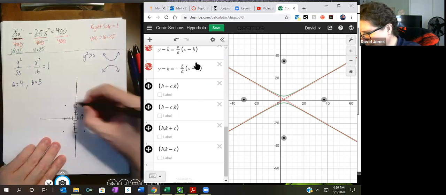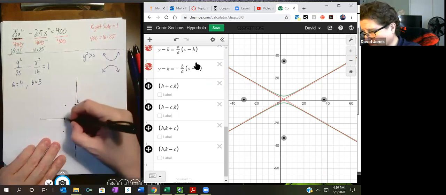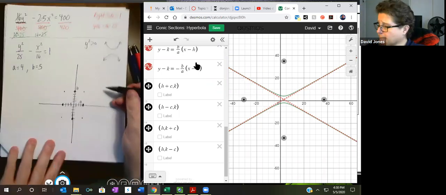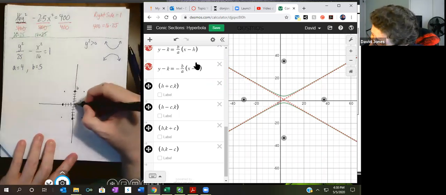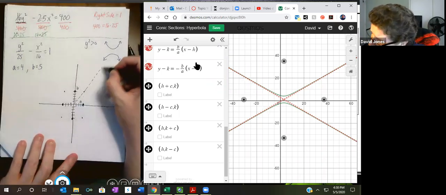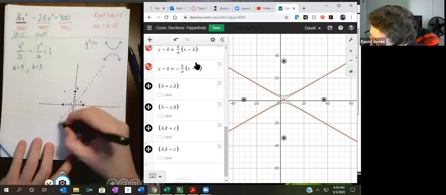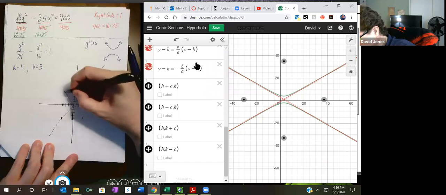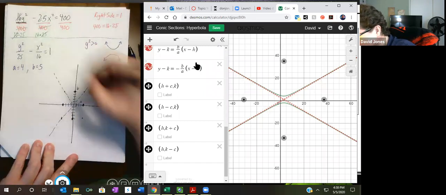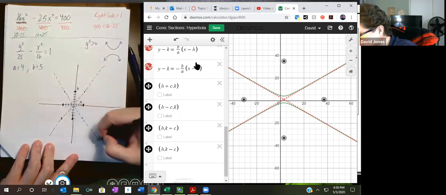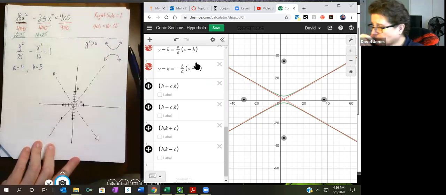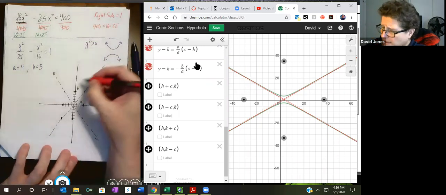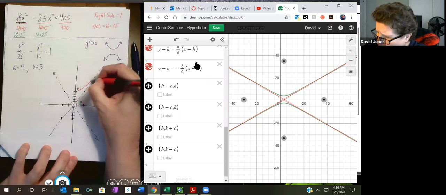There's my a and my b. Okay. I will connect the diagonals with a dotted line, making my asymptotes. Y squared is the positive term, so we're going to open in the y direction.